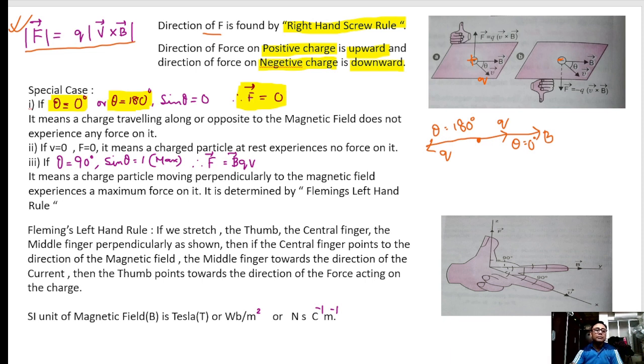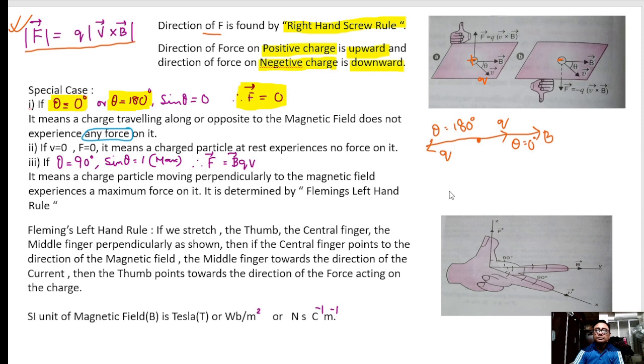Similarly, please remember it, no force will be acting on the charge.